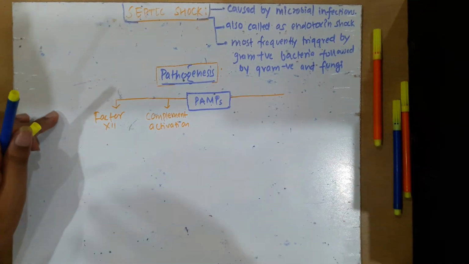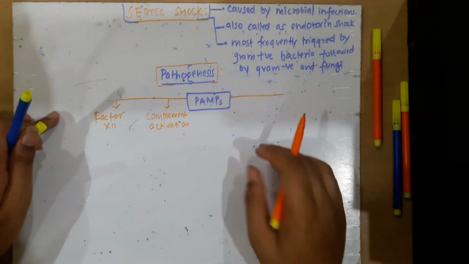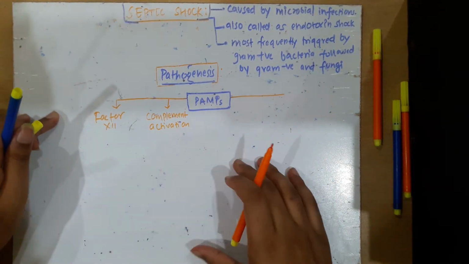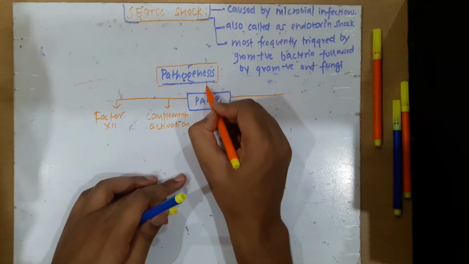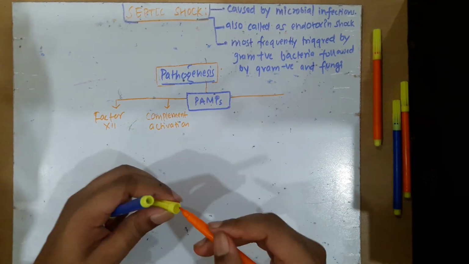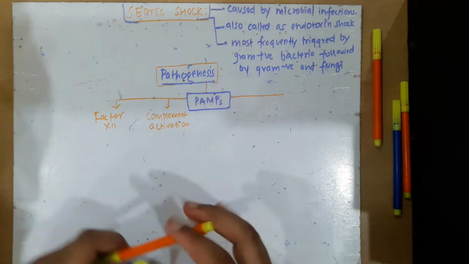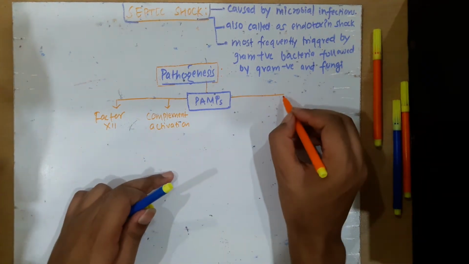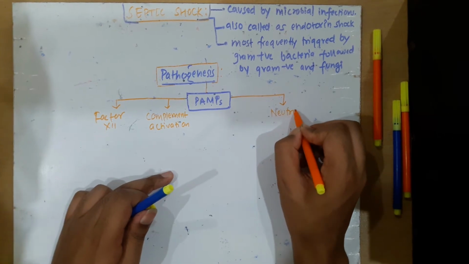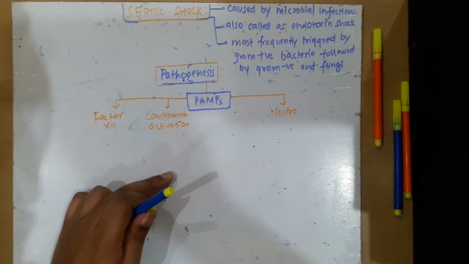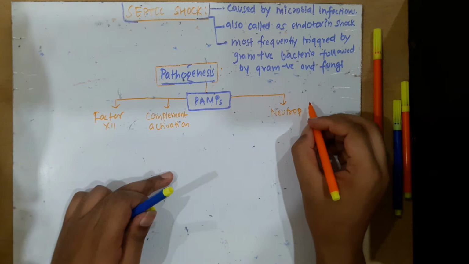For now just copy guys, I'll explain with the points, so don't get worried. I'll explain everything with the points, okay, after completing the chart. So now is the neutrophil. Okay, let's give a focus. Neutrophil.